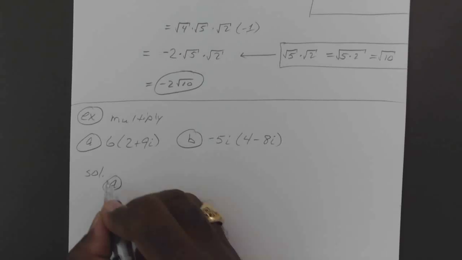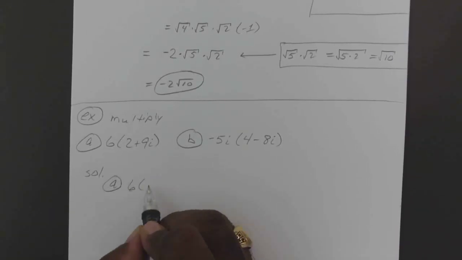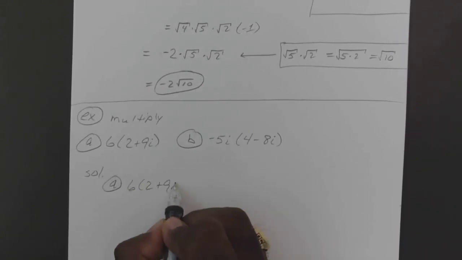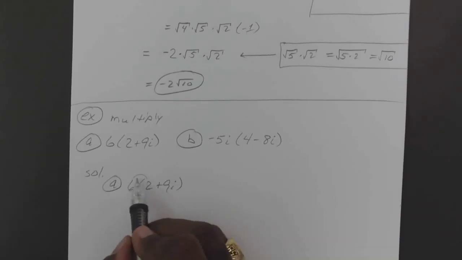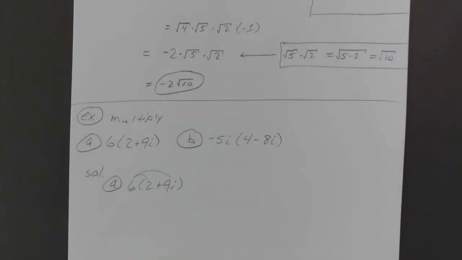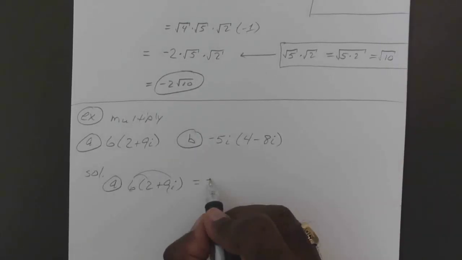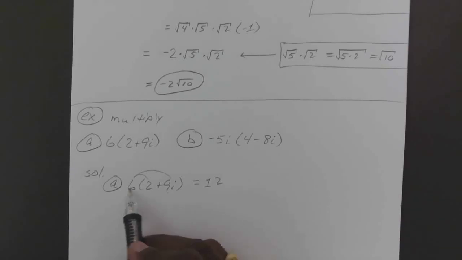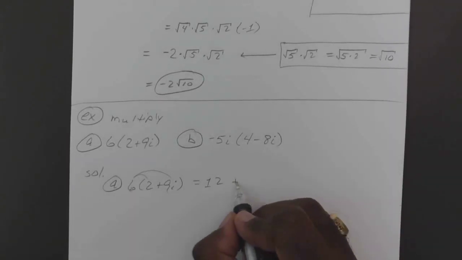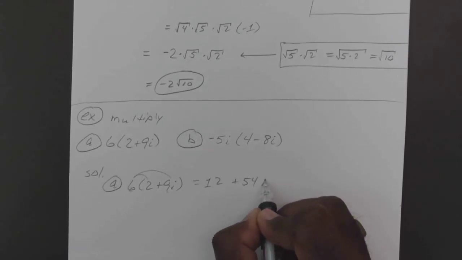Okay, so for A, if we have 6 times 2 plus 9i, we distribute that and multiply it just the same way you would if you had a variable. So 6 times 2 is 12, and 6 times 9 is 54. So plus 54i.